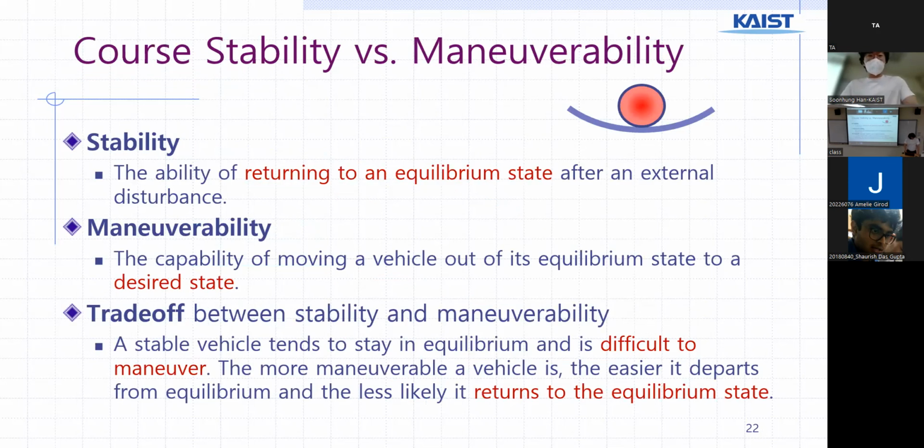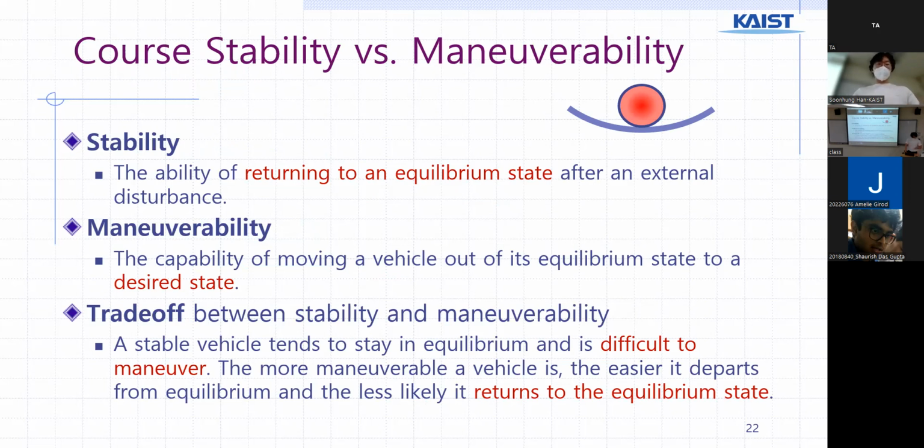So of course, stability versus maneuverability. Stability is the ability of returning to an equilibrium state, returning to the main state after a disturbance. Maneuverability is the capability of moving a vehicle out of its equilibrium state to a desirable state.